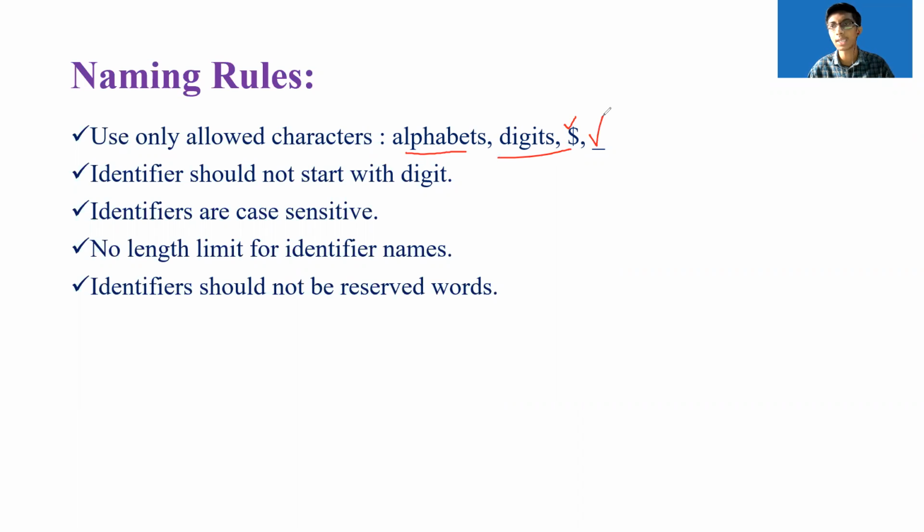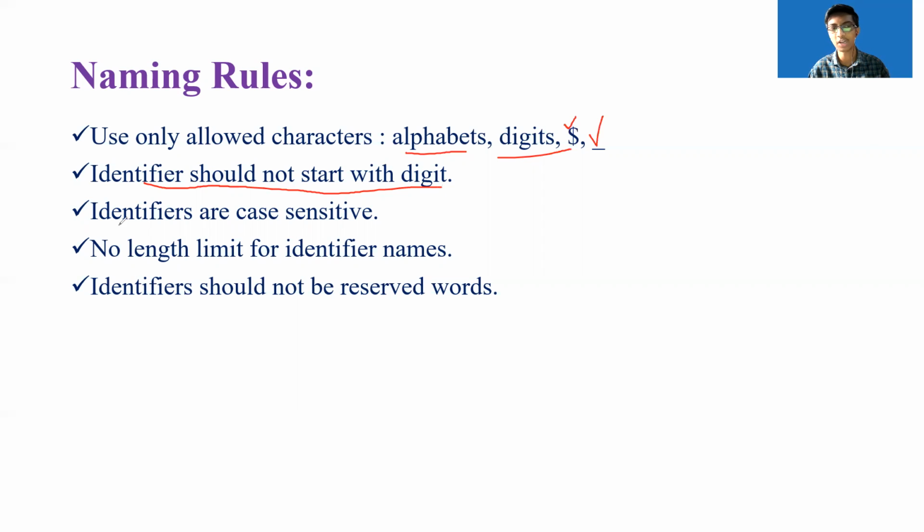Except for these characters, if you use any other special characters, you will get an error. Also, an identifier should not start with a digit. Your identifier may contain a digit, but definitely it should not start with a digit. Keep it in mind.